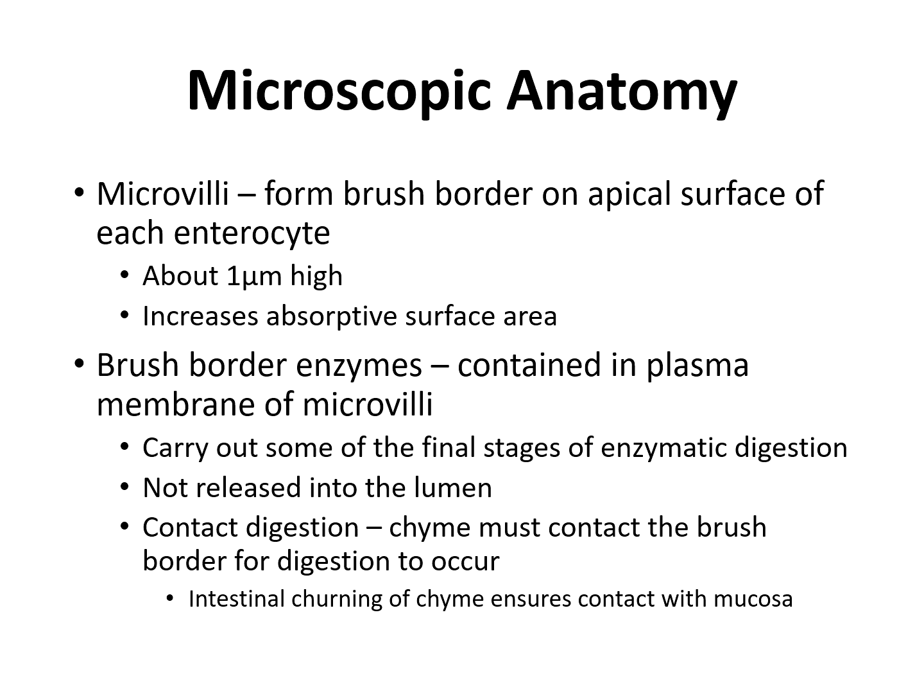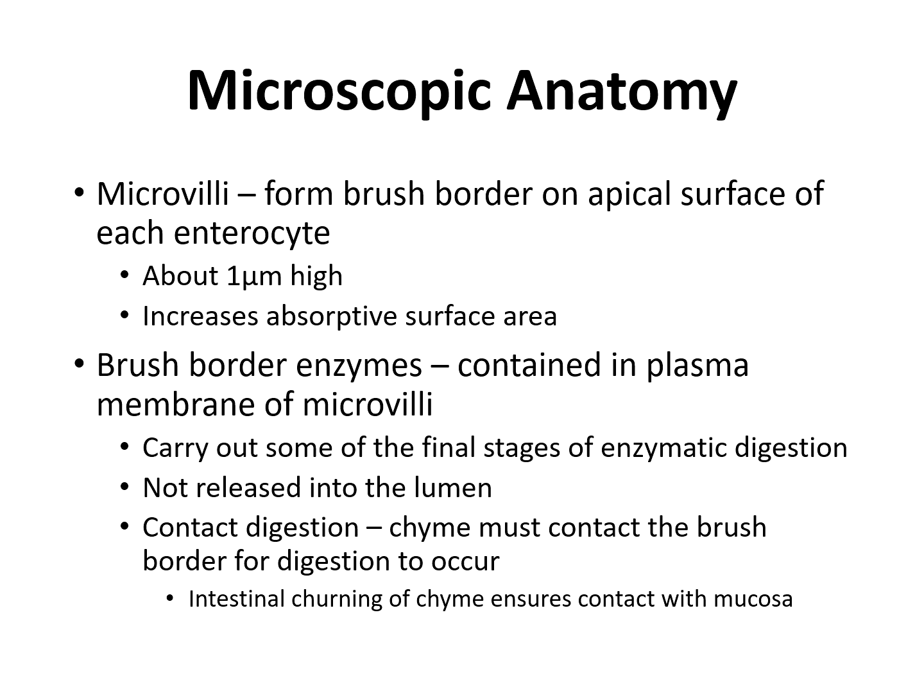But they're also going to contain an enzyme called a brush border enzyme that's part of their plasma membrane. So they don't actually secrete this enzyme into the lumen of the intestines, but these enzymes are going to be part of the cell membrane. And they carry out some of the final stages of chemical digestion.